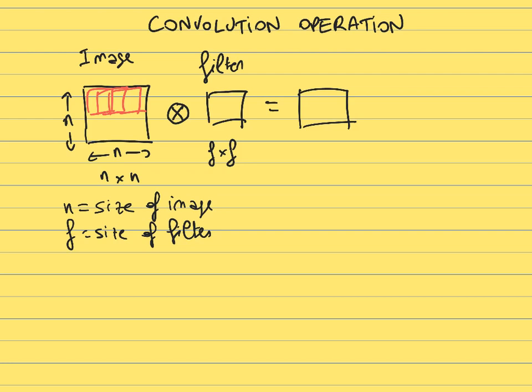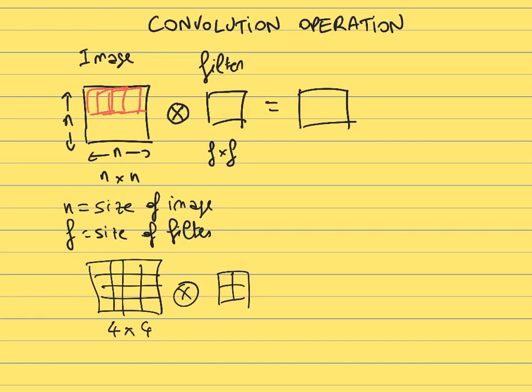For example, let's take an example. If you have a 4 by 4 image like this, and you convolve it with, let's say, a 2 by 2 filter, then in this case you will put your filter here as a first step, here as a second step, and here as a third step.